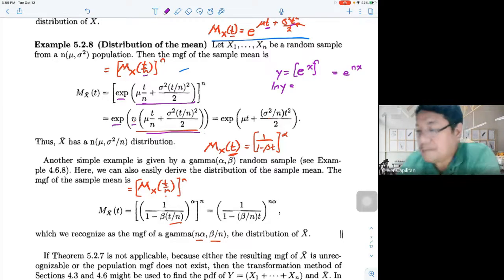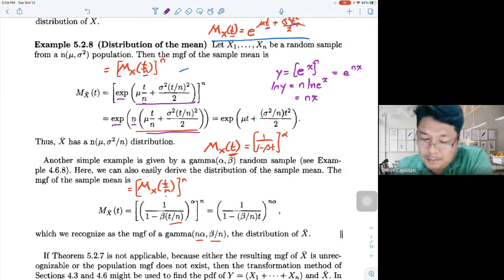Applying that, we have n times the ln of e to the x, and that is equal to nx.